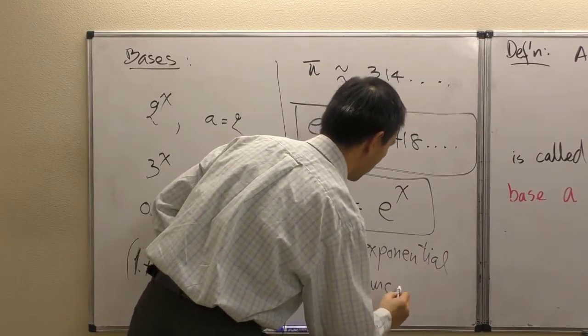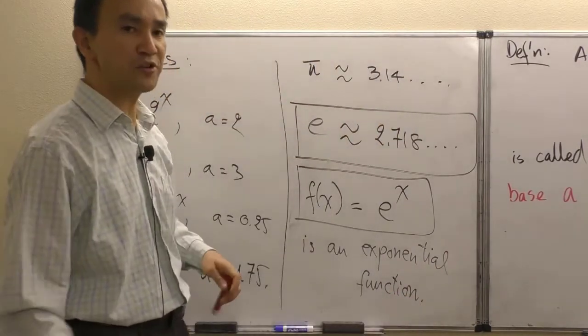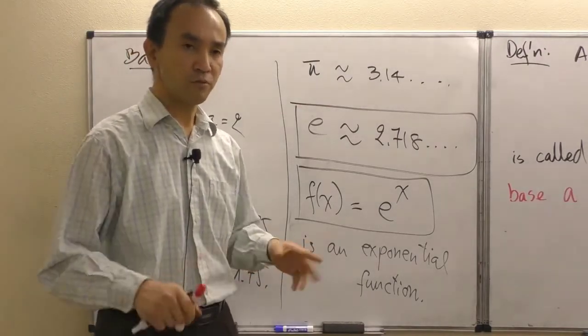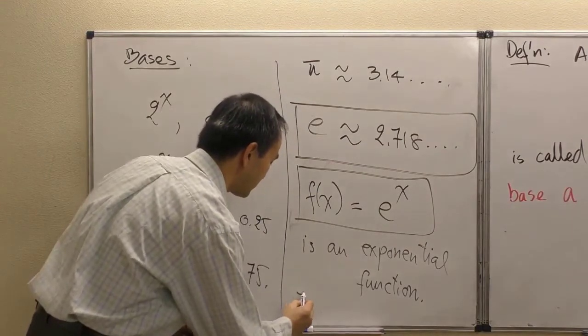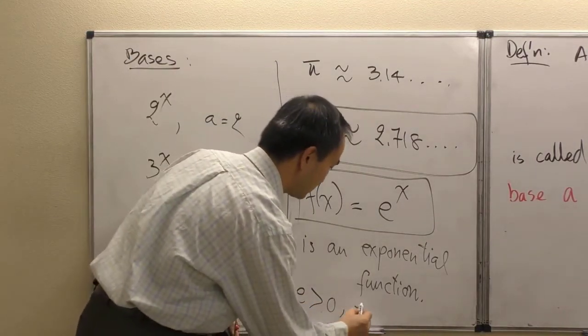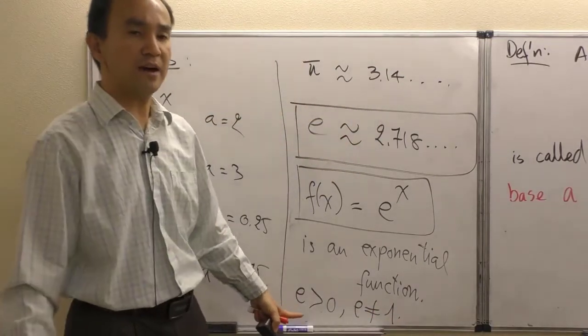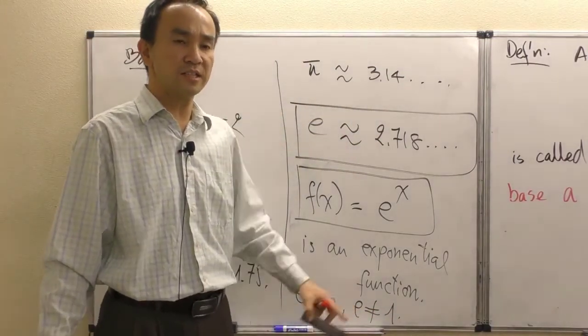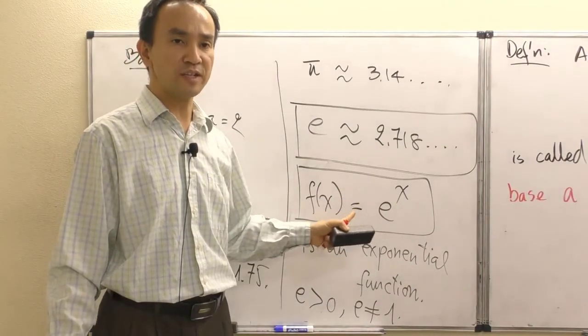All right, this function well qualifies to be an exponential function, simply because the e, the base itself, is positive. The base itself is other than 1. And so as long as we have a constant value that is positive and other than 1, we can legally define an exponential function using that base right there.